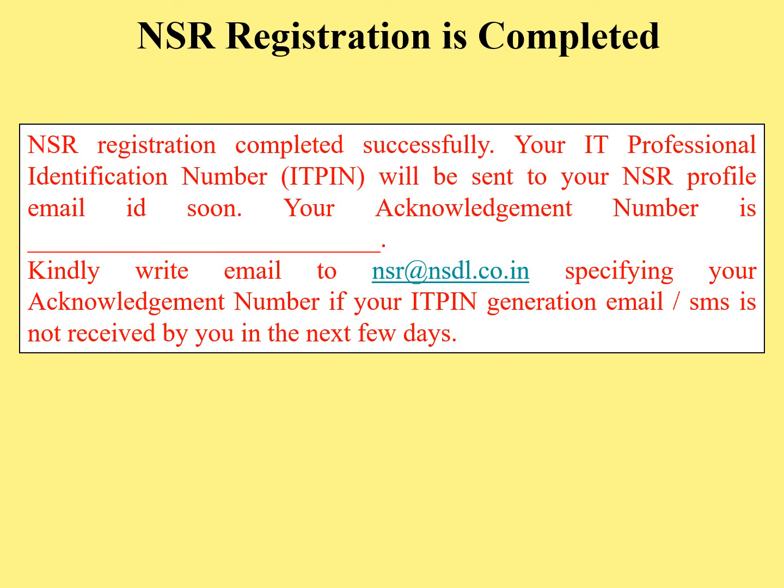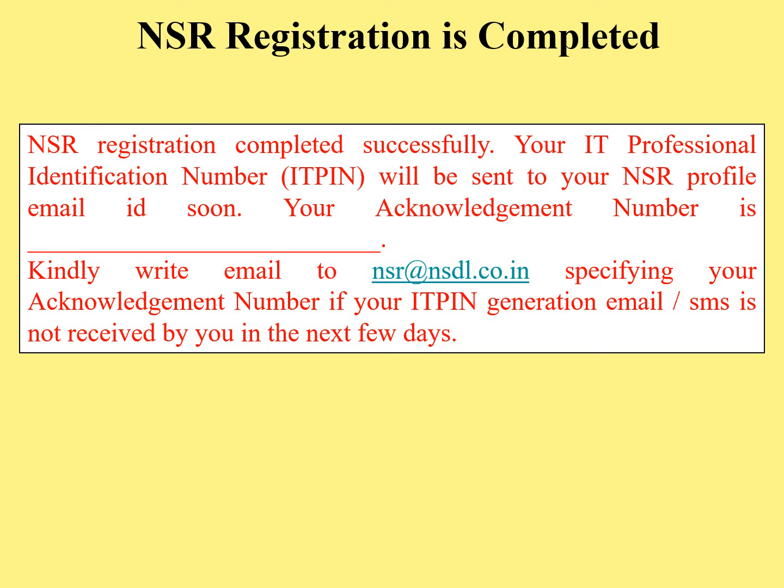Upon the successful payment, this will be the final screen that you will be getting. NSR registration is completed successfully, and your IT-PIN number, IT Professional Identification Number, will be sent to your NSR profile email ID soon.